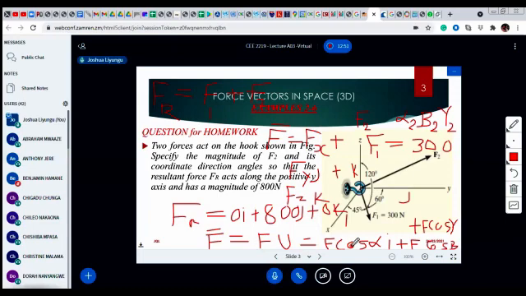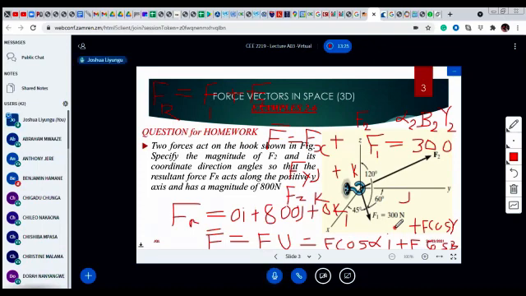At the same time, you don't know F2. So the easiest way is to use the equation that I just shared: the F2x component i plus F2y component j plus F2z component k. For this one, the only unknowns are the components of the force in x, y, and z.